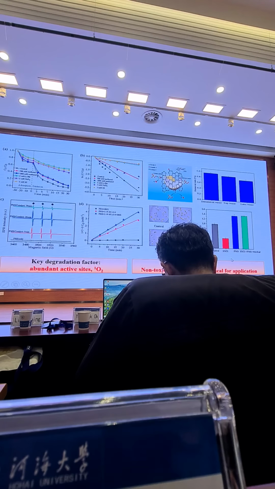Certainly they have certain structures on the surface, from the biochar characterization. And those are the key degradation factors, abundant in active sites. And the efficiency is related to non-toxic intermediates. So that's practical for application. We try to reduce the intermediates that may be toxic to the environment.